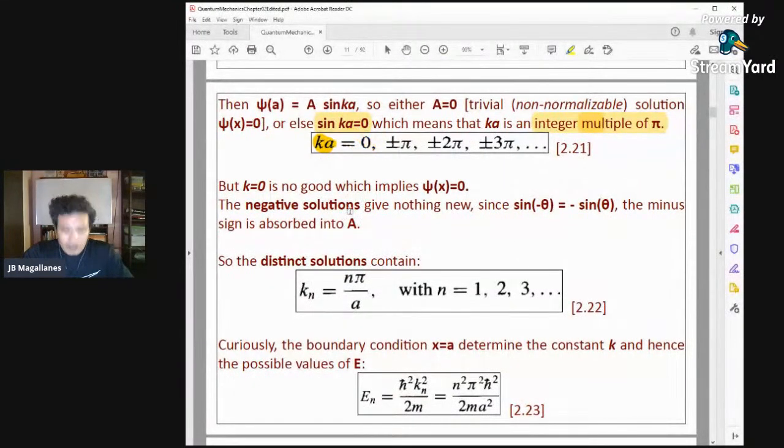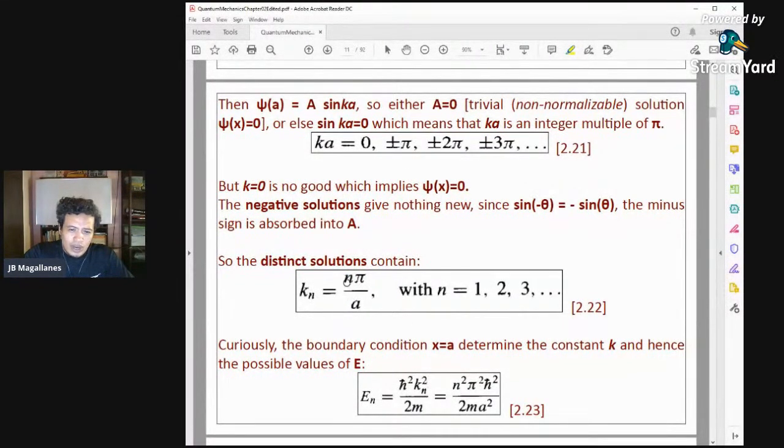For all the values of k, pi, 2 pi, 3 pi, there's a corresponding kn. So for k1, this is 1 times pi over a.